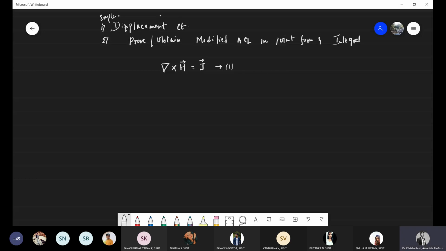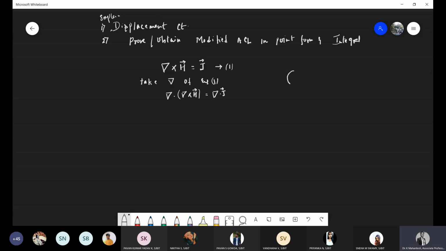Now if I take a divergence of equation 1, what is divergence of curl? Guys, what is divergence of curl? Will you have a divergence for curl? See, what is curl?